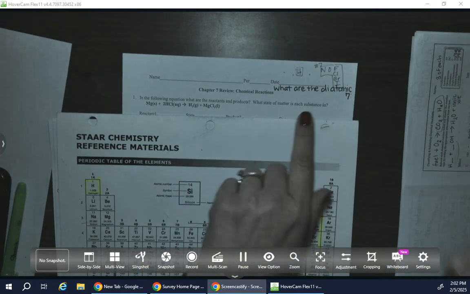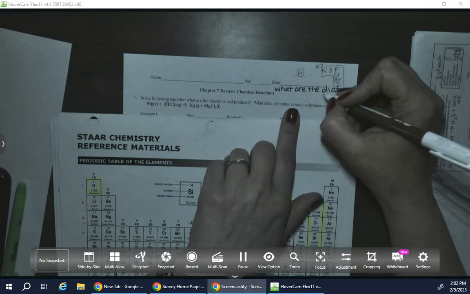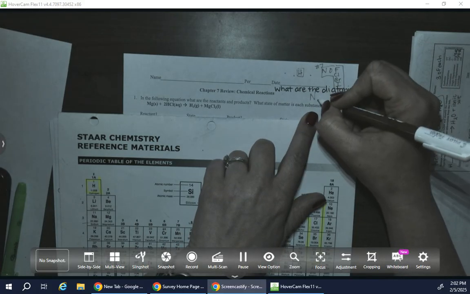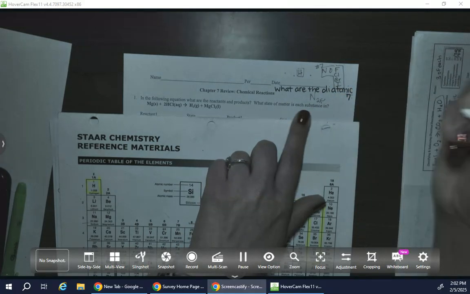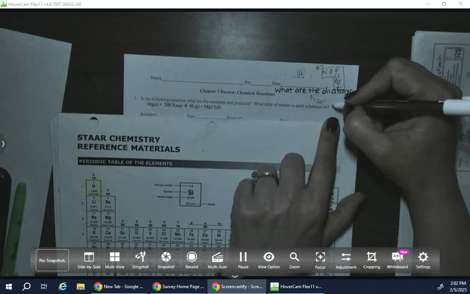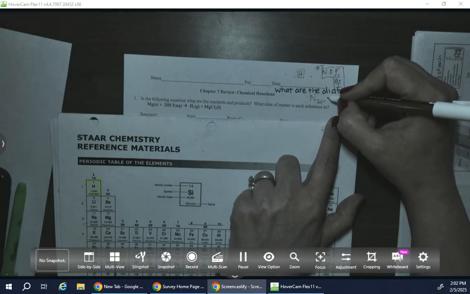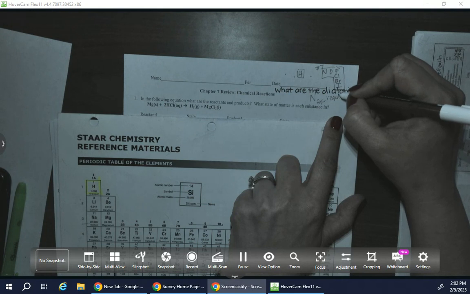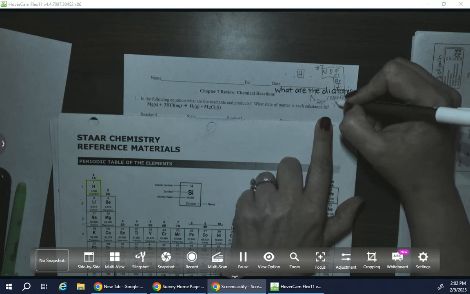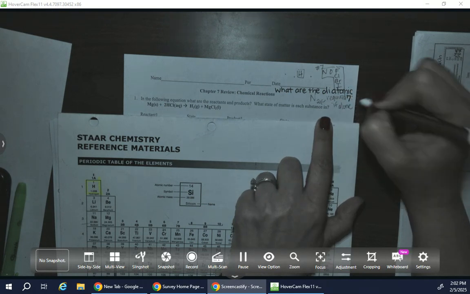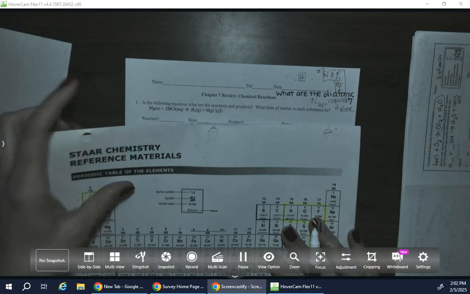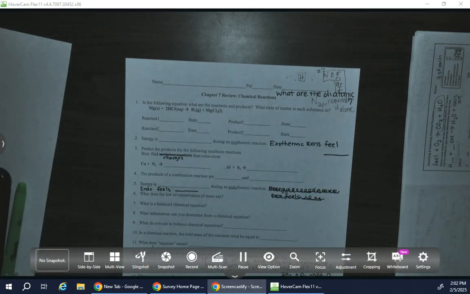The diatomic 7 have to have a little 2. So for example, nitrogen has to have that little 2 when they are by themselves. So required if alone. They have to be diatomic, meaning 2 of them have to be there.